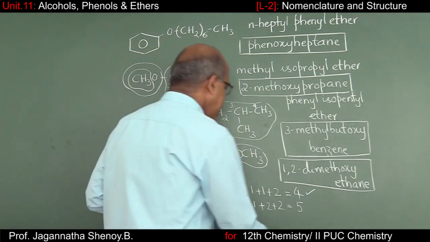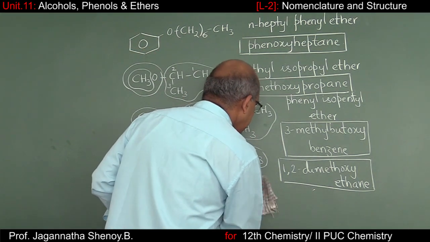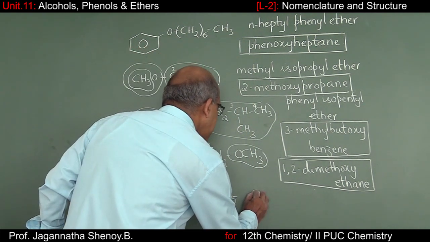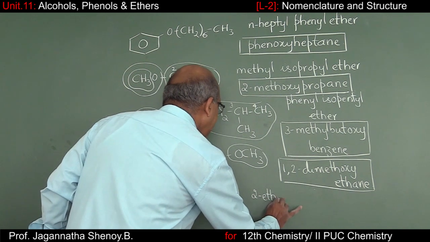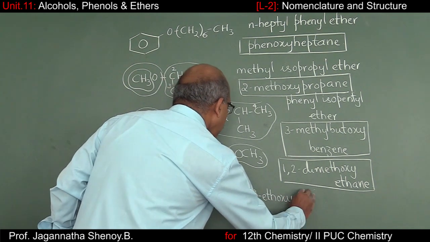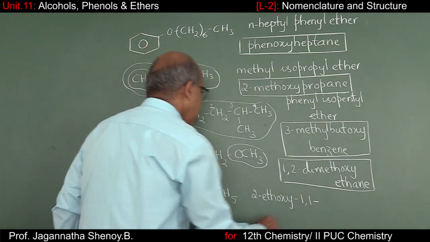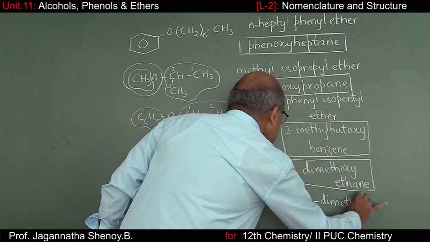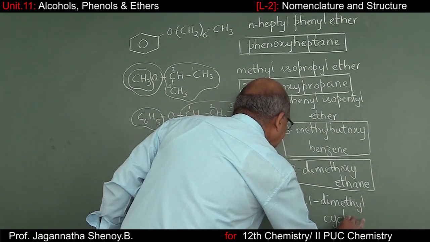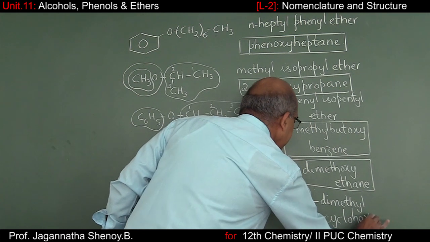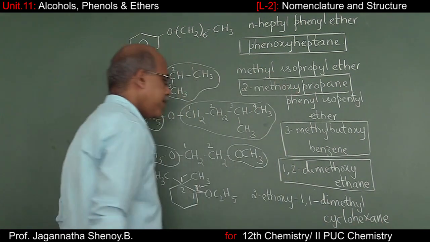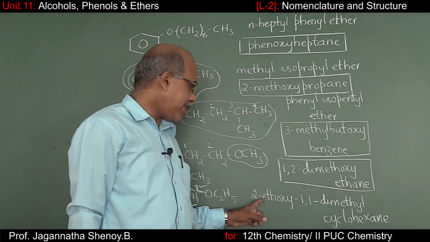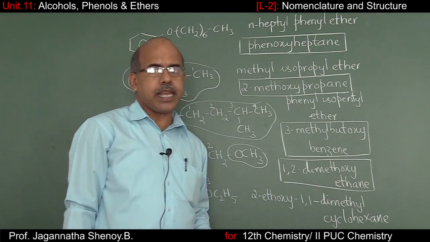So if I write the IUPAC name for this molecule, ethoxy group is on which carbon atom? Second carbon atom, 2-ethoxy, 1,1-dimethyl, cyclohexane. So why have I written ethoxy first and dimethyl later?